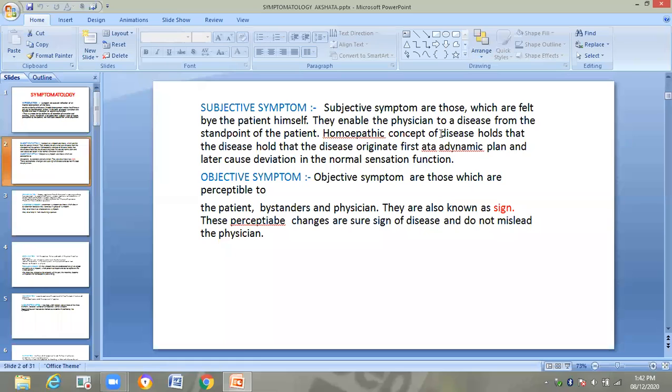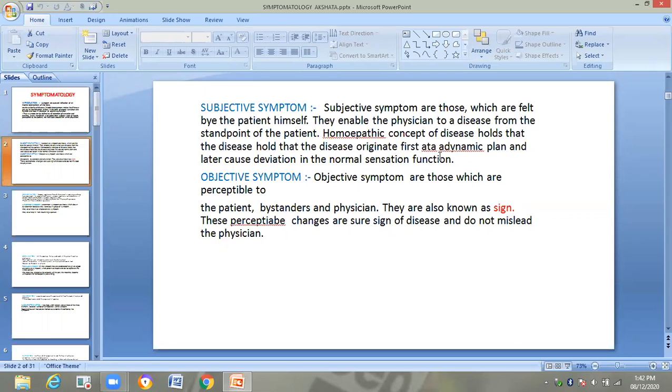The homeopathic concept of disease holds that the disease originates first at the dynamic plane and later causes deviation in normal sensation and function.